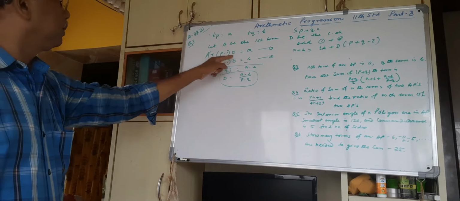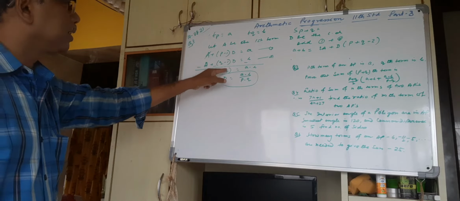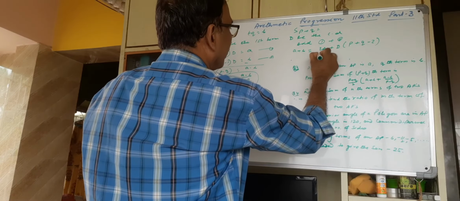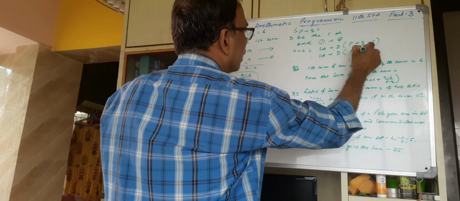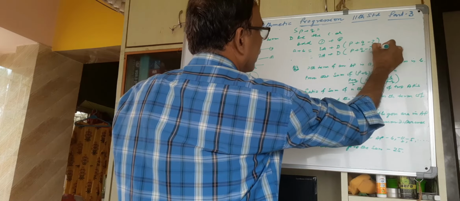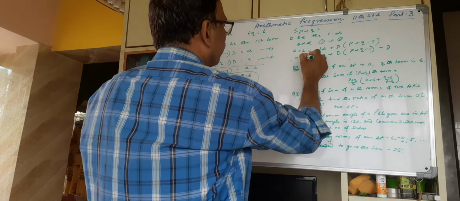Taking D common, you can write 2A plus D into P plus Q minus 1, minus D. So A plus B equals this.